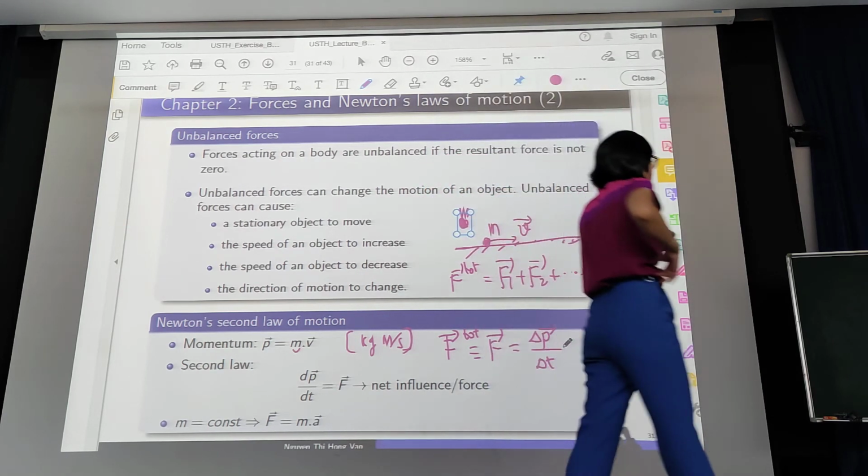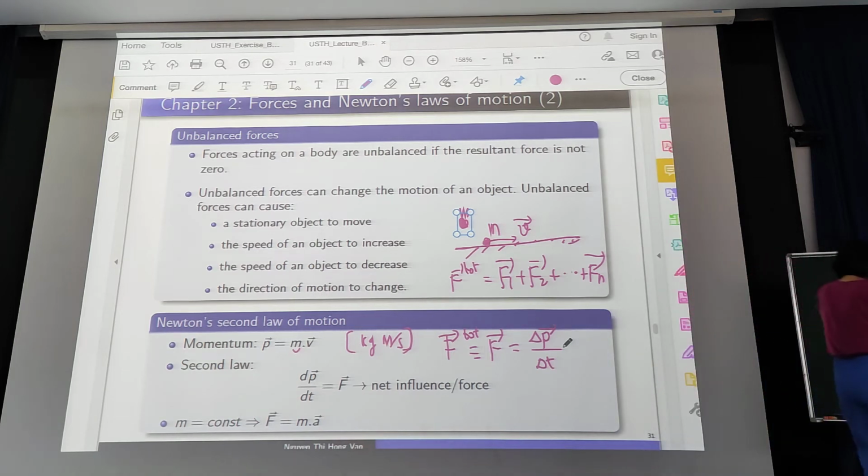So the formula is delta P over delta T. For example, if you act on the object with 1 Newton force, you can change delta P during 1 second.